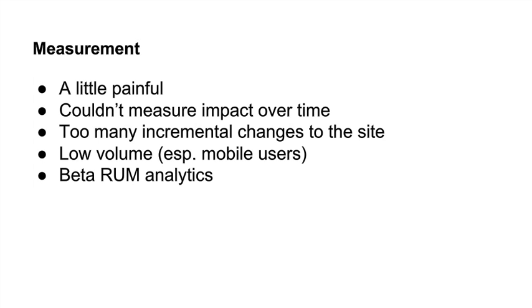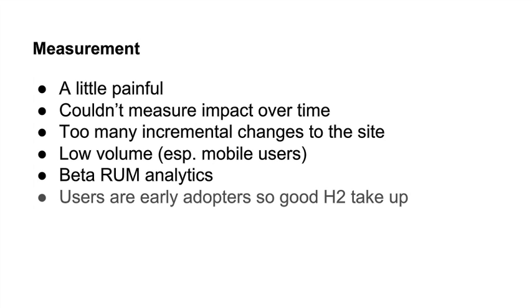Our RUM analytics are a little bit beta, so the instrumentation has to be taken with a slight pinch of salt. We're still ironing out the bugs there. On the plus side, the users that we do have are early adopters, so our H2 take-up is actually really good.